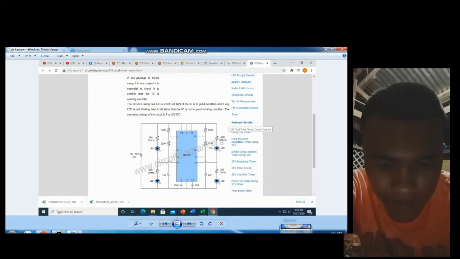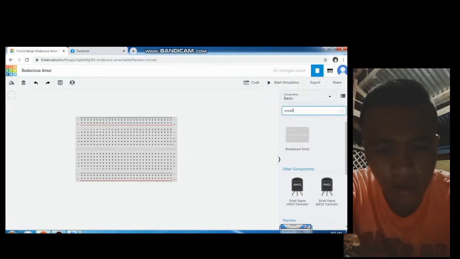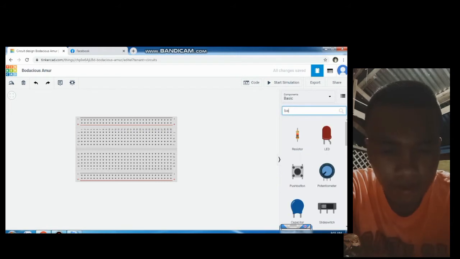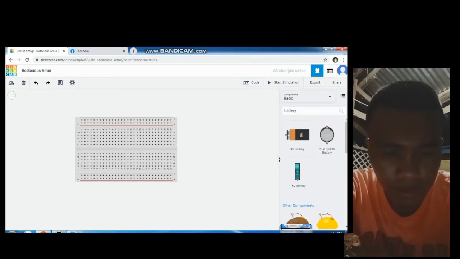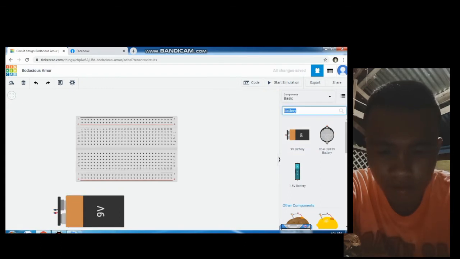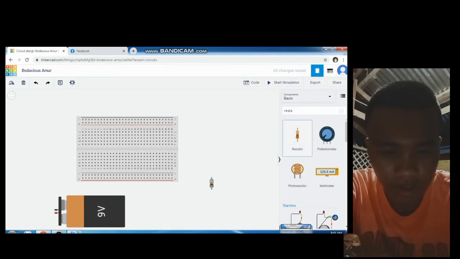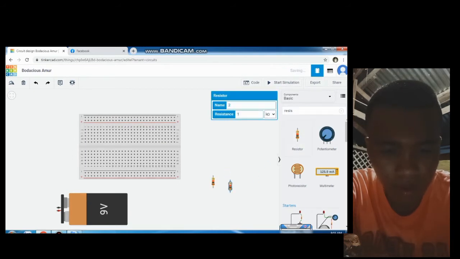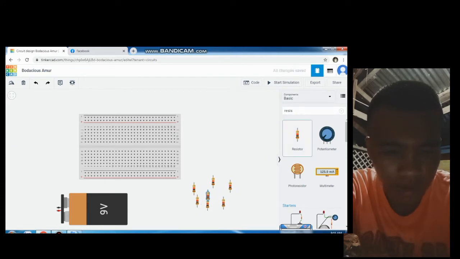We have 8 resistors, the 9 volts battery, and the 8 resistors.